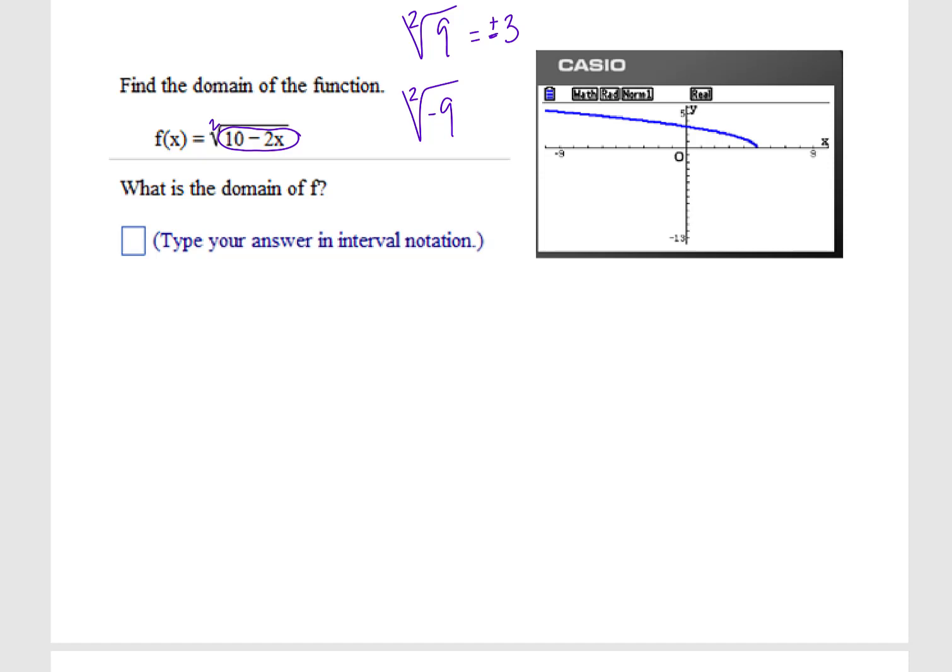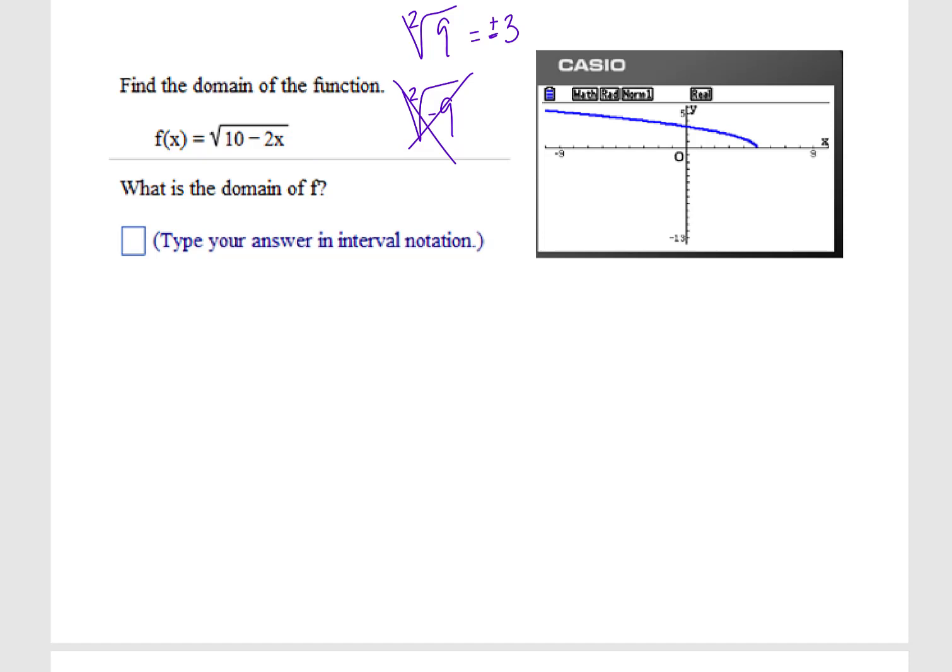But there's no real number that can meet this, because what number can I multiply by itself and get negative 9? Negative 3 times negative 3 is positive 9, so that couldn't work. So that's why we have to keep the entire expression underneath the square root radical positive. It can be 0 because 0 times 0 is 0, but it cannot be negative.